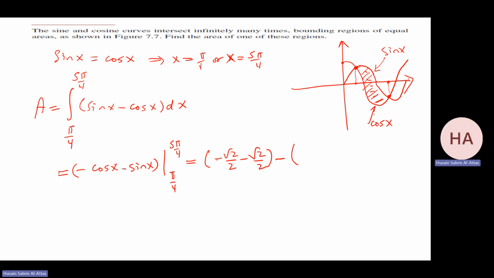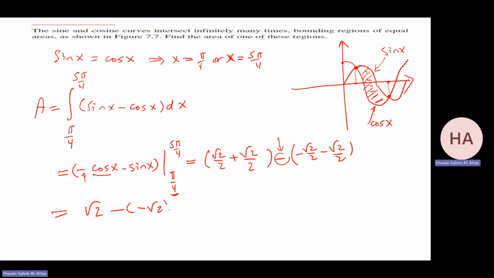Oh, wait a minute, this is minus, so it will be square root 2 over 2. In this one, I have the minus in the formula. That will be minus square root 2 over 2 minus square root 2 over 2, since pi over 4 is in the first quadrant, everything is positive. Just the minus sign is the minus sign in the formula of the integration. So I have square root of 2 plus square root of 2.